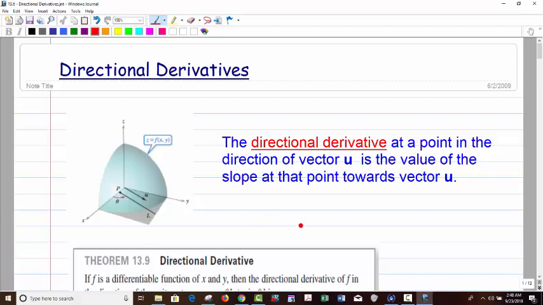We can find that. And in fact, we have already learned a couple of directional derivatives. If you take the x partial of a function at a point, you are actually finding the tangent slope as it goes along the x-axis direction.